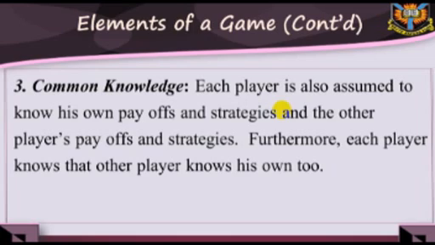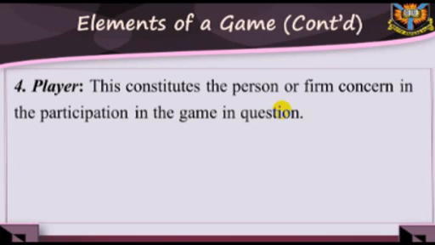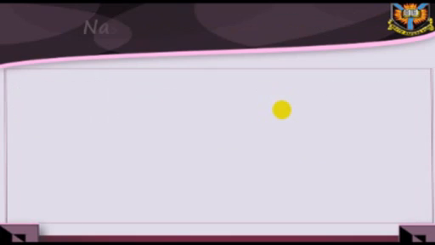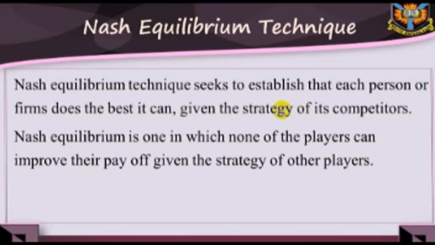Nash equilibrium technique. An American mathematician called John Nash developed a technique known as Nash equilibrium. The Nash equilibrium technique seeks to establish that each person or firm does the best it can given the strategy of its competitors.